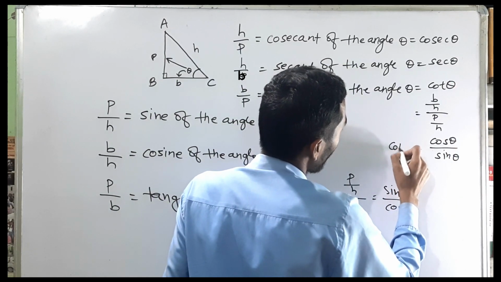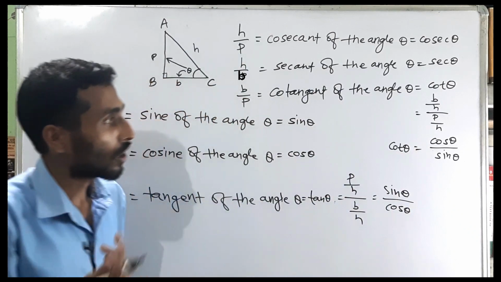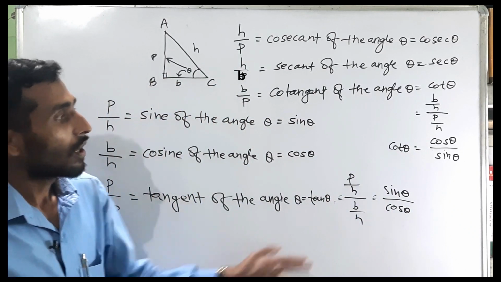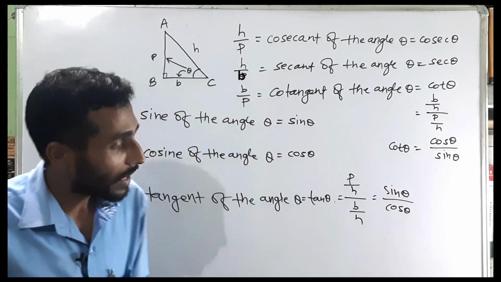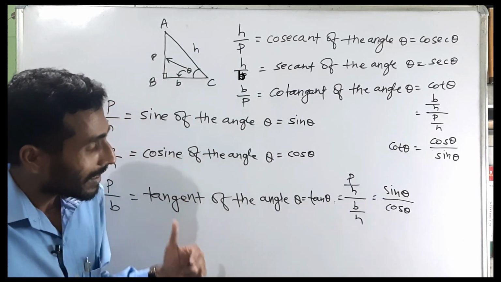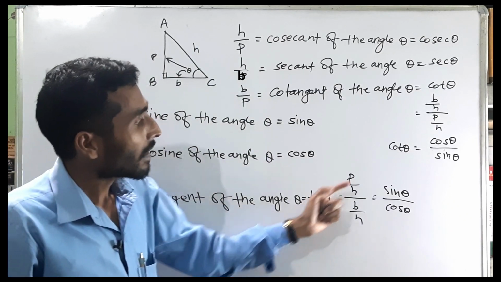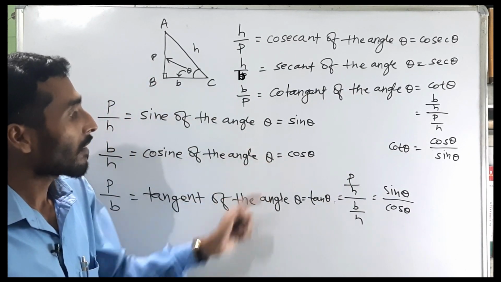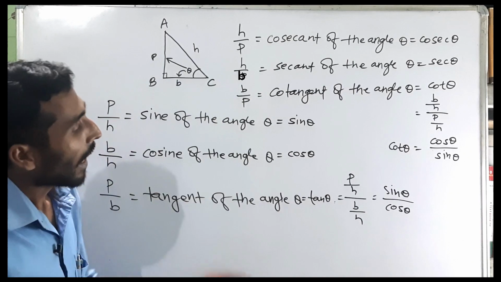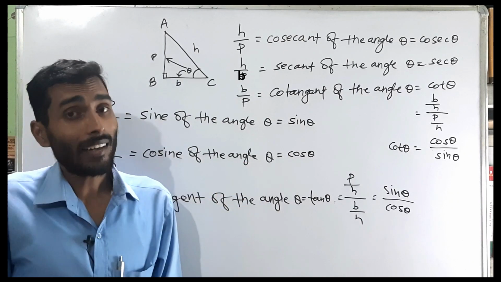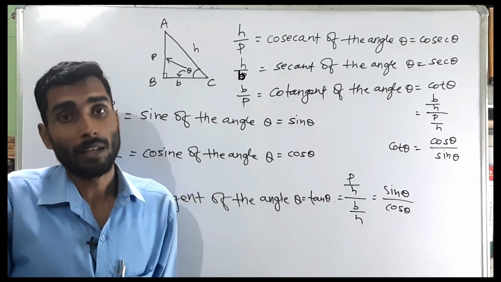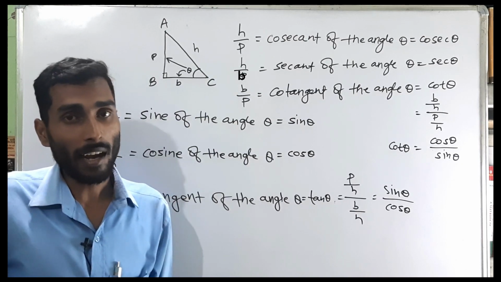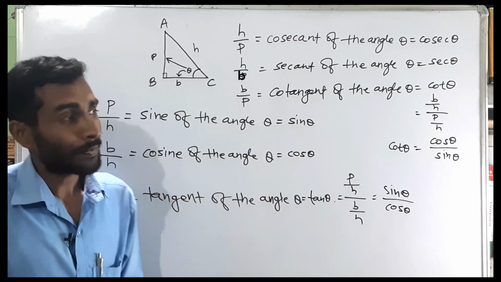So cot theta can also be changed into the form of cos and sin. That's why we don't say tan theta and cot theta are basic trigonometric ratios. Sin theta and cos theta are the basic trigonometric ratios, discussed earlier by the ancient Indian mathematician Aryabhata in his book Aryabhatiya.